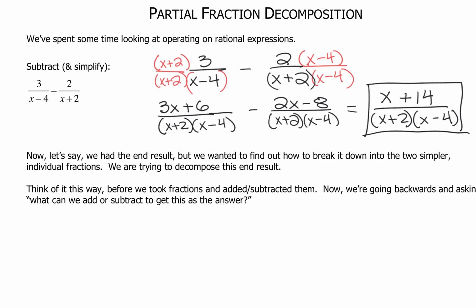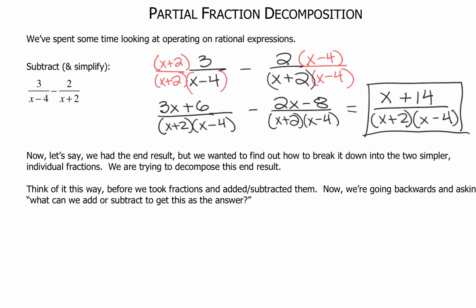So we've done a lot of these where we've looked at maybe two or more rational expression terms and we've operated on them, right? Maybe we added them, maybe we subtracted them, really same thing. And then I'm looking at my resulting answer. What was my sum? What was my difference? So what we're going to be doing in this video is essentially going backwards.